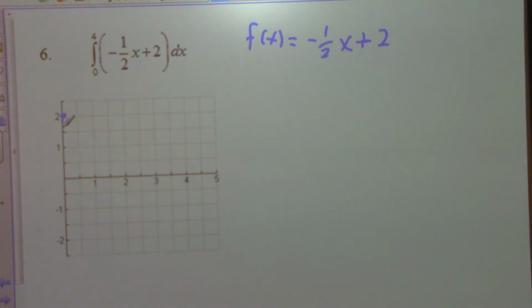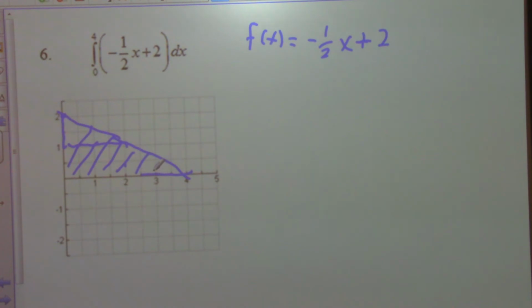So here's our rise, and where's our run? Down here, right? So rise of negative 1, run of 2, and we can continue this pattern down if we want. And then that should about cover it. So we're looking at something like this, right? And then we're looking at this whole.